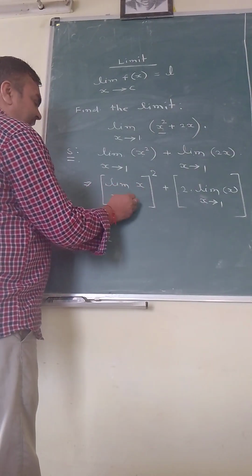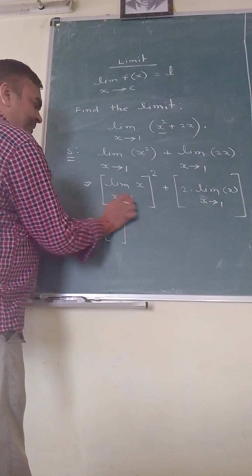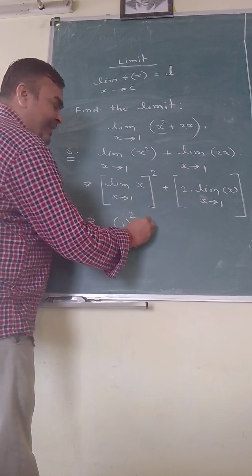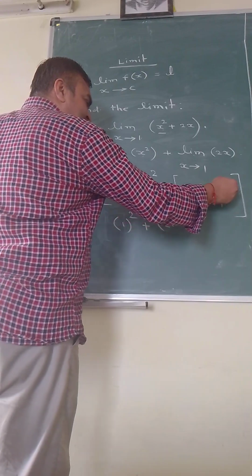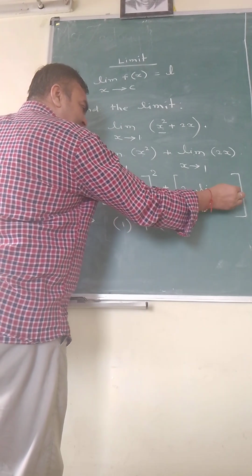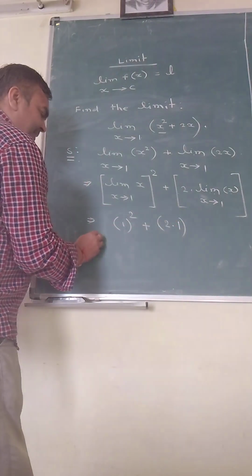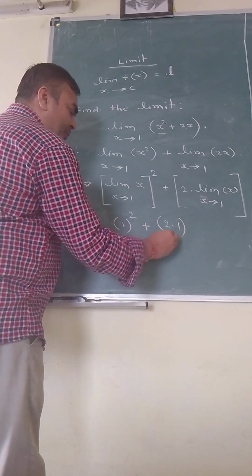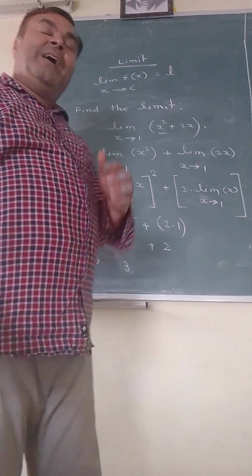We can put x approaches 1 here. Then this becomes 1 raised to 2, plus again here 2 into the limit as x approaches 1, meaning the value we can directly put here, x is 1, then it becomes 2 and 1. Then finally we have the result 1 plus 2 into 1, which is 2. Then 3 is the answer.